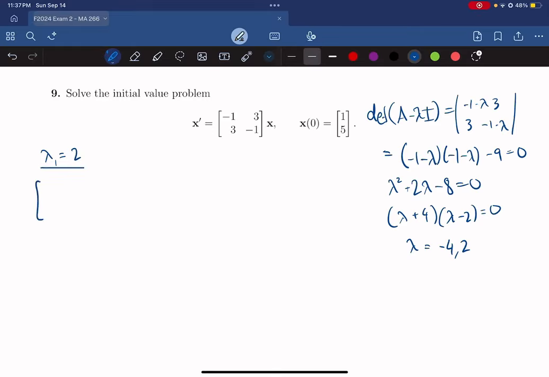And so you're going to have your negative 1 minus lambda, and your negative 1 minus lambda. So negative 1 minus 2 is negative 3. A1, B1 equals 0.